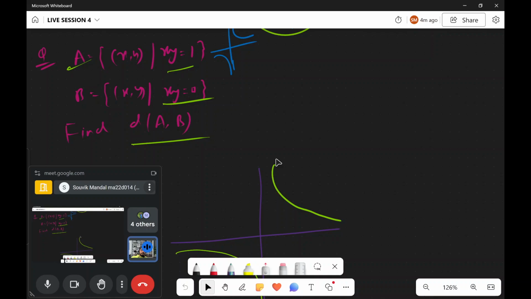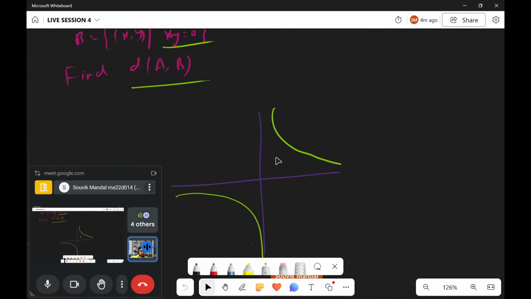So now you need to find the distance between these two. So, what will be the possible distances? Any guess or any idea?